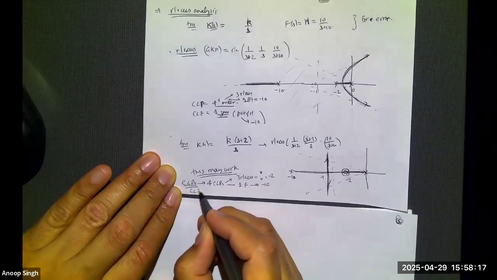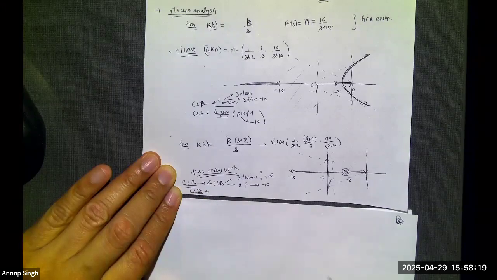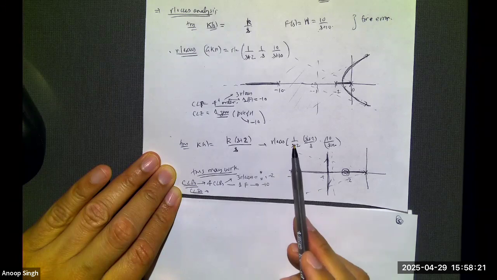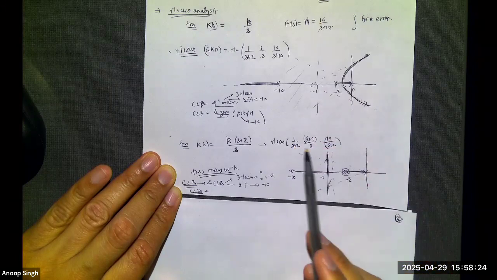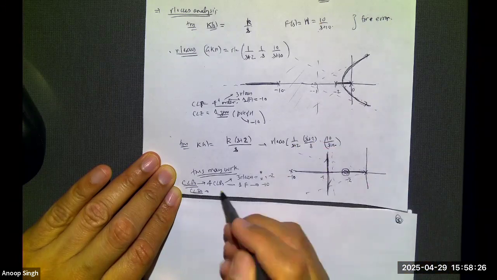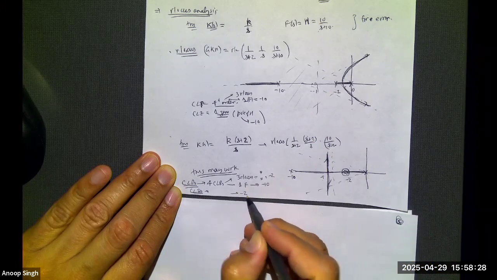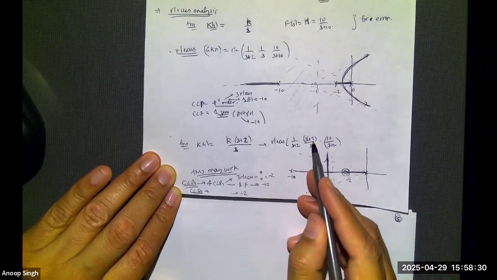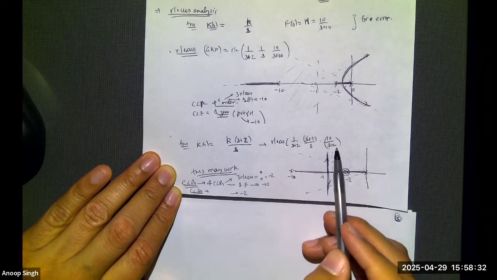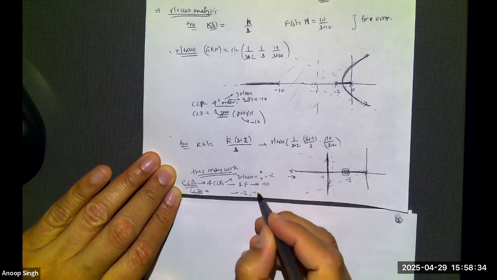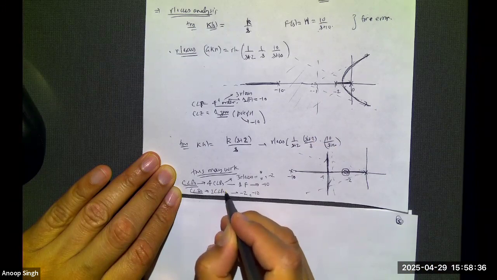Now let's talk about the closed loop zeros. Closed loop zeros are the zeros of F, none, zeros of G, none, zeros of K. So I have a closed loop zero at -2. This comes from K. And I have a closed loop zero at -10. So I have two closed loop zeros.